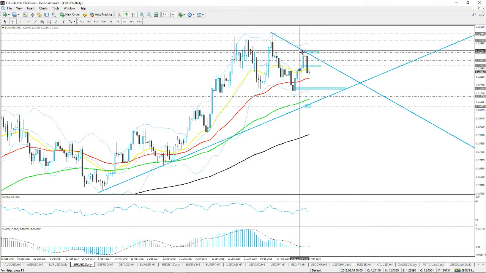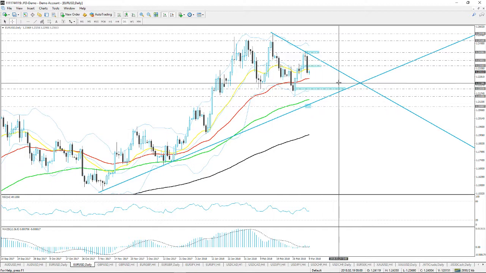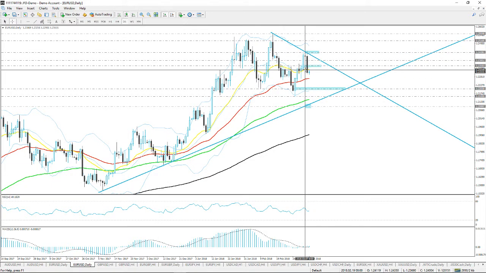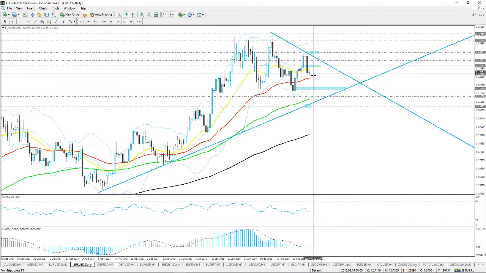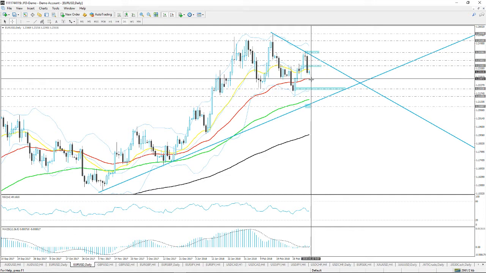I mean, it is forming this triangle at the moment. The next level of support could be this 50 EMA on the daily chart, which would be around the 1.22700 area.